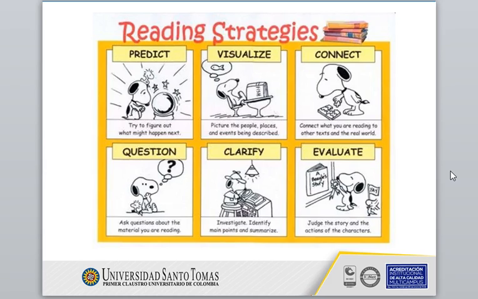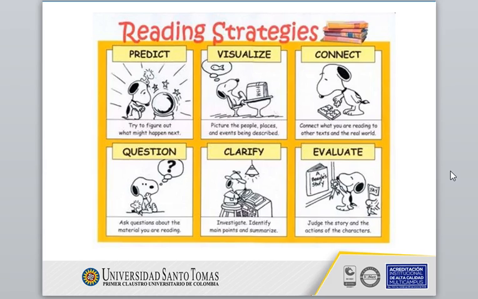What I want you to visualize here in this chart is pretty much the type of processes our brain goes through when we read, right? So when we read, we make predictions, we visualize, we connect, we question, we clarify, and we evaluate, right? And all these processes are actually involved in this strategy I'm presenting today, that is the strategy think aloud.